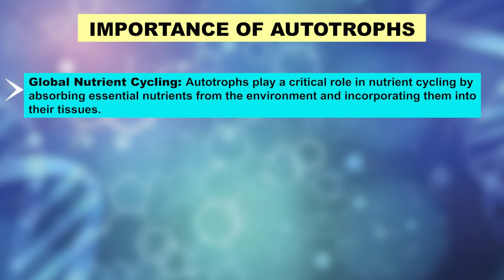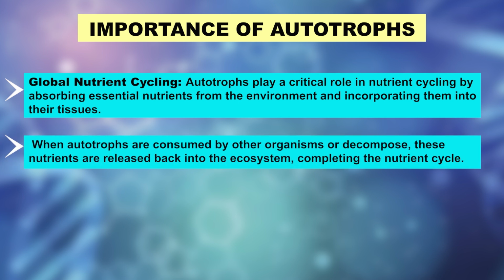The next importance of autotrophs is global nutrient cycling. Autotrophs play a very crucial role in nutrient cycling by absorbing essential nutrients from the environment and incorporating them into their tissues. When autotrophs are consumed by other organisms or they decompose, these nutrients are released back into the ecosystem, which basically completes the entire nutrient cycle.